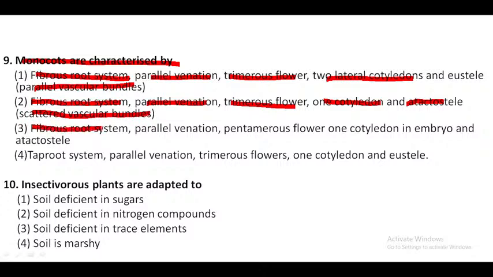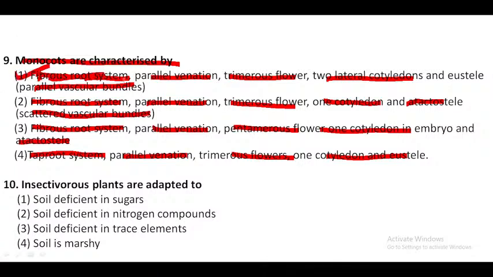Option number 3, fibrous root system, parallel venation, pentamerous flower, one cotyledon embryo, and atactostele. Fourth, taproot system, parallel venation, trimerous flower, and cotyledons used.